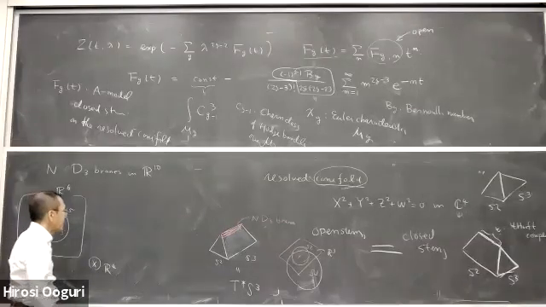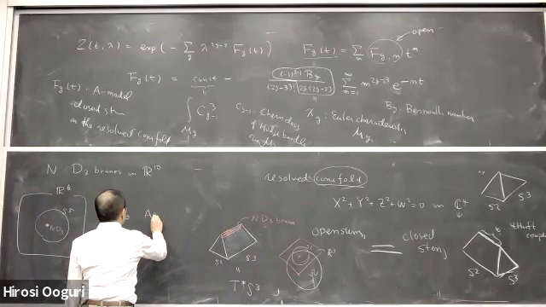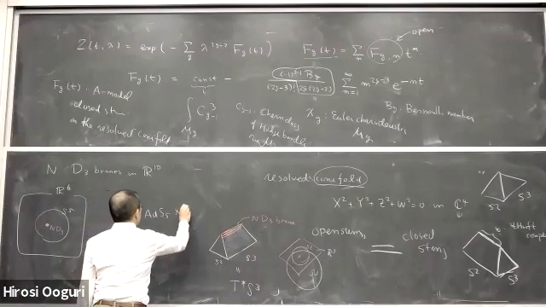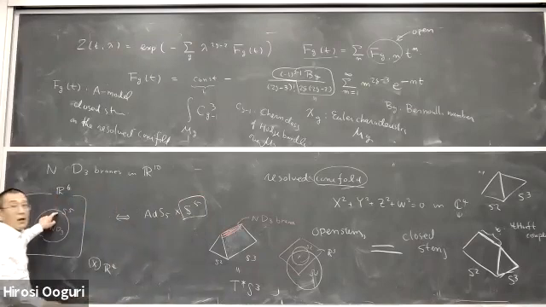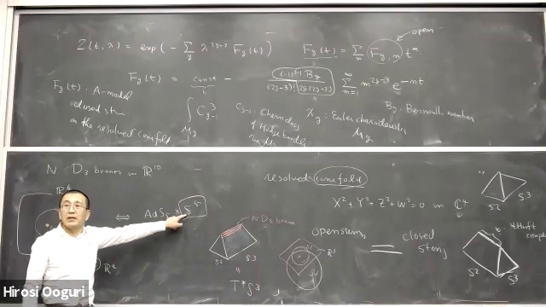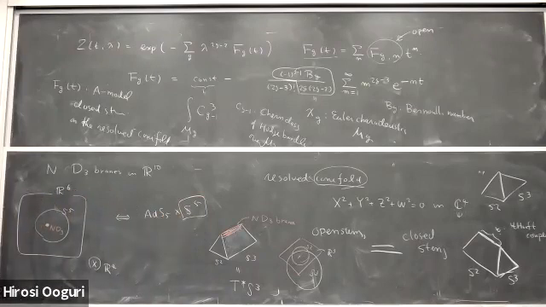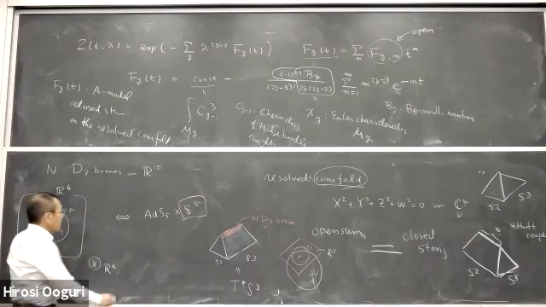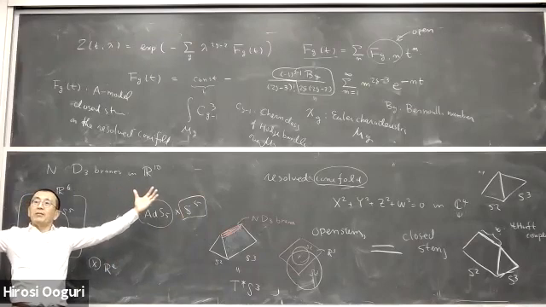Okay? But on the other hand, we say that this is equivalent to AdS5 times S5, where this S5 corresponds to that S5. But this S5 does not shrink anymore. Instead, what shrinks is the boundary of AdS5.